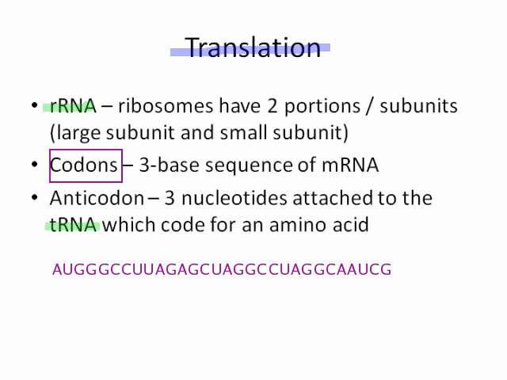And so if we look, AUG is a codon. That is a 3-base sequence. GGC is another codon.